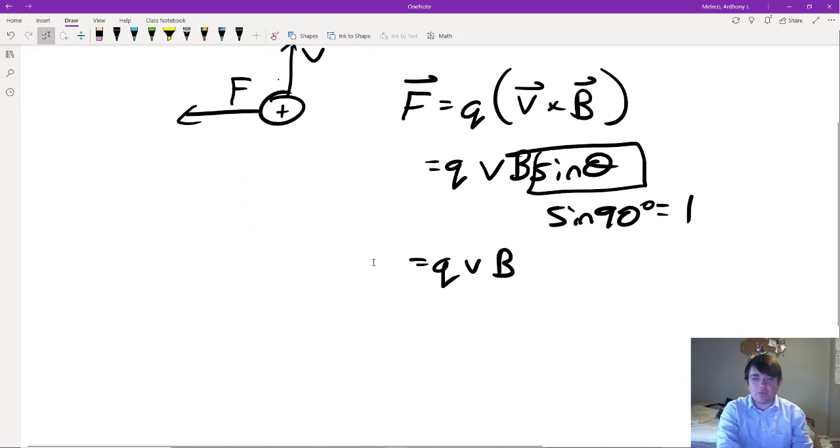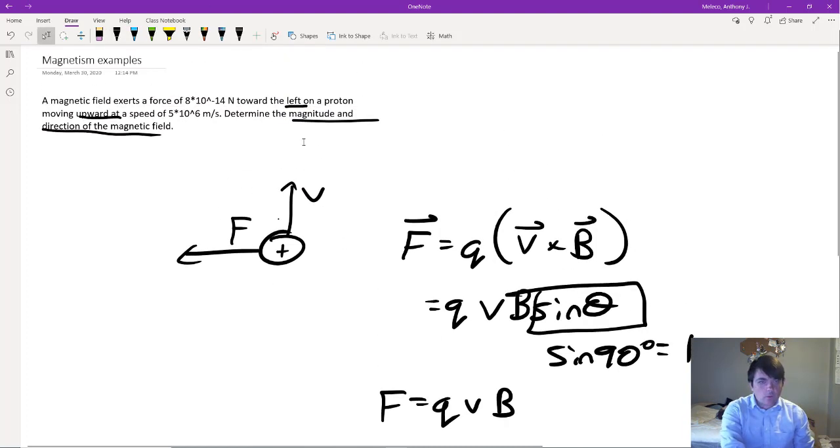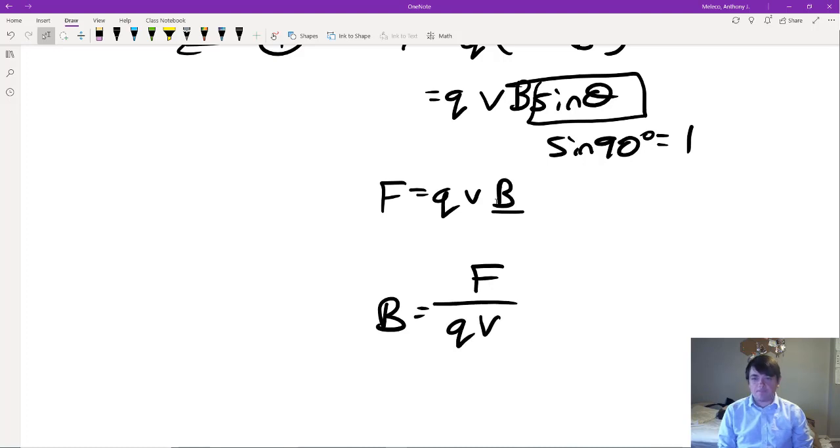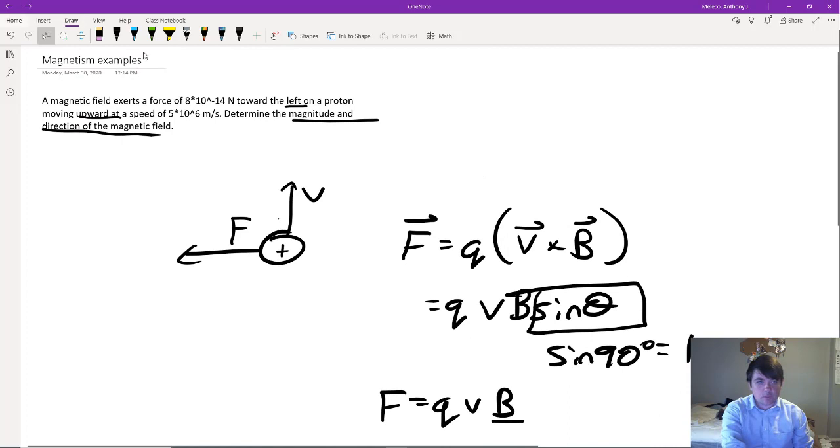And so all we need to do now is we want to determine the magnitude and direction of the magnetic field. So we just need to solve, if we're doing magnitude of the field, we just divide this over like that. Okay? And so what we've got is this is the force, right? 8 times 10 to the minus 14 newtons.